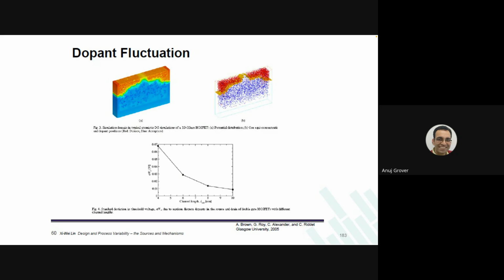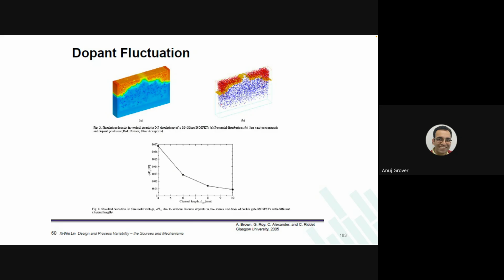What else? The dopants might be placed at different locations in comparison to my source and drain region. So the potential field across the entire channel region will not be the same.